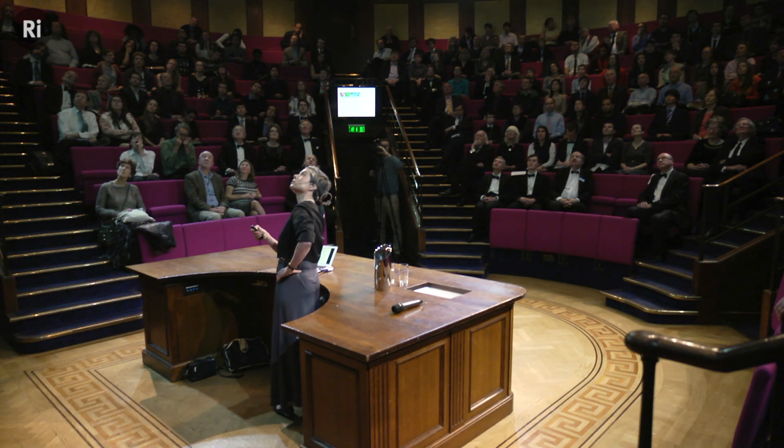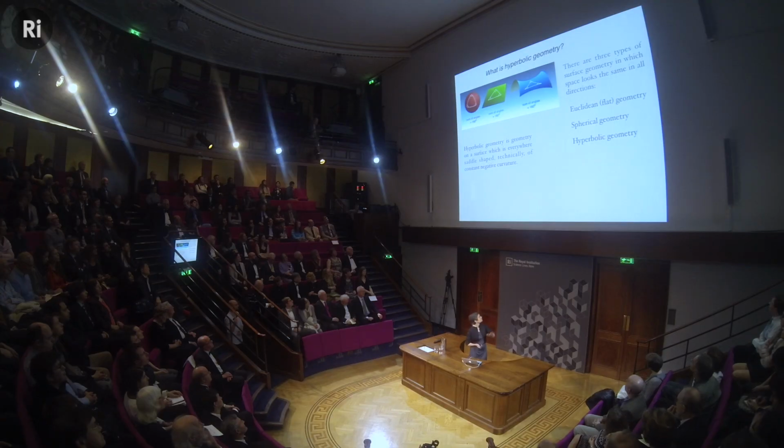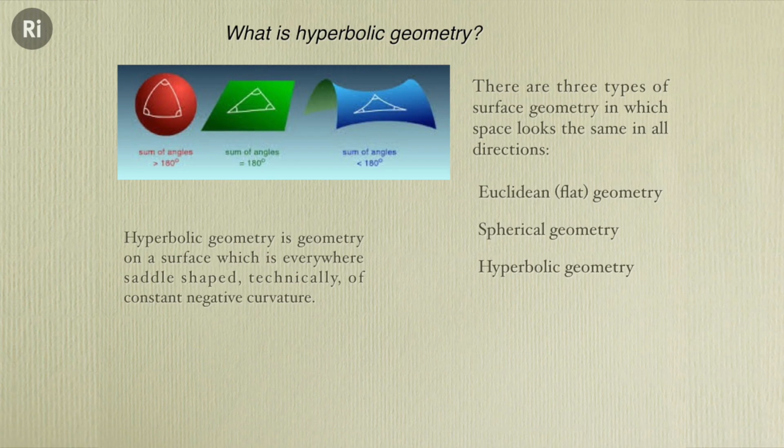And the third kind of geometry then is the kind where the sum of the angles in a triangle is less than 180. So there's a kind of pairing between these two things. So hyperbolic geometry you can think of as geometry on a surface which is everywhere saddle-shaped. So you see in this picture, it sort of curves down that way and then over a hump in the other direction.